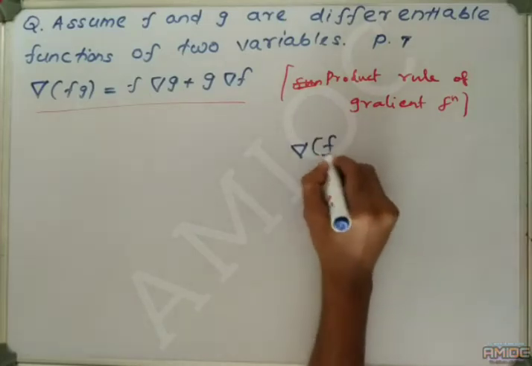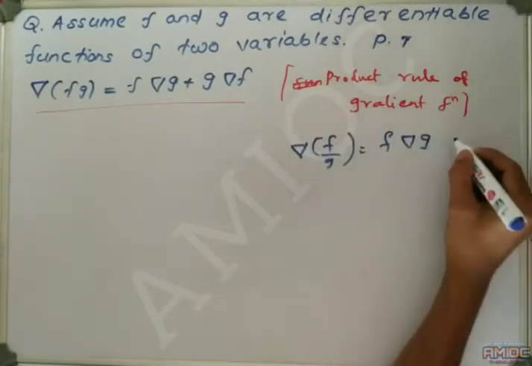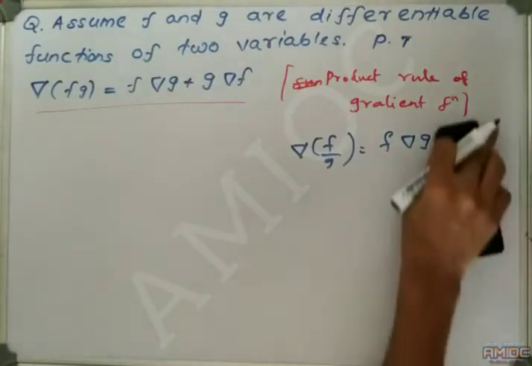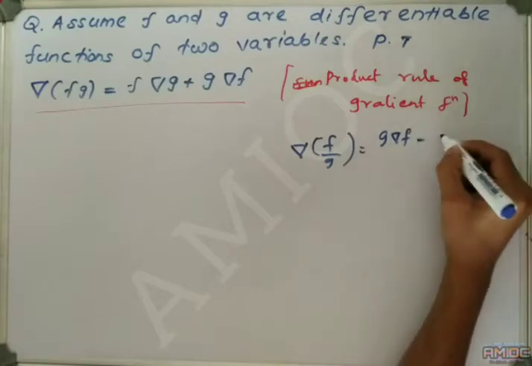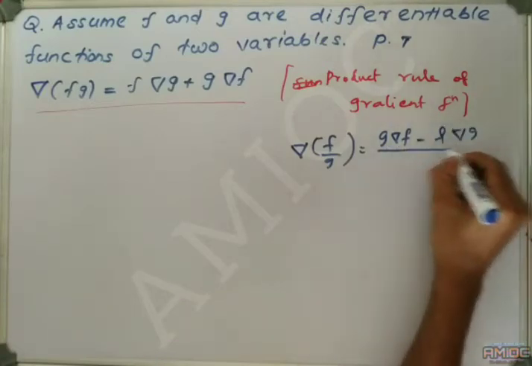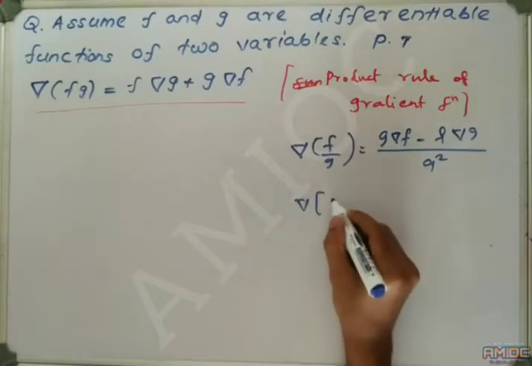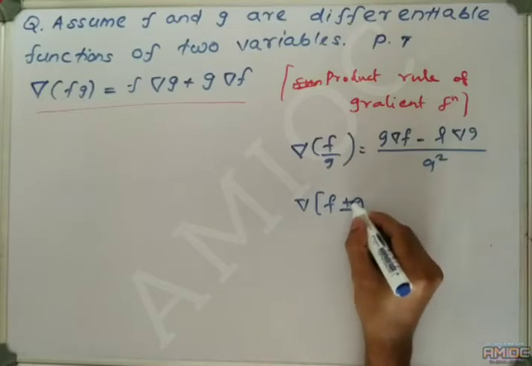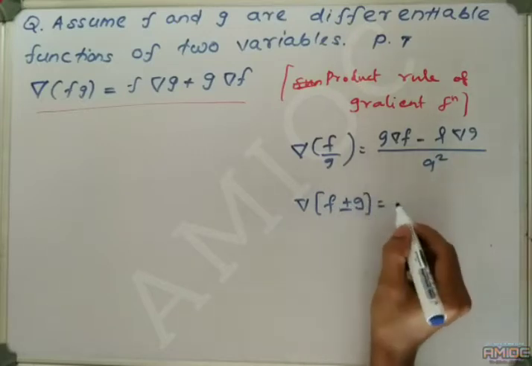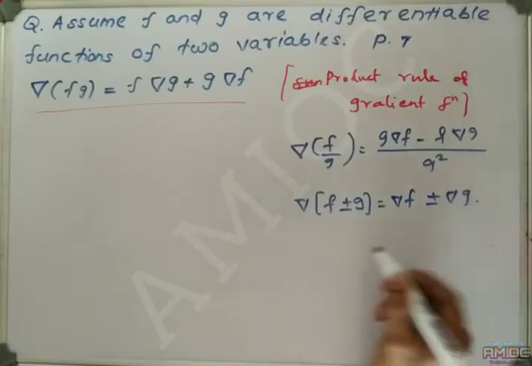Del of f by g is equal to (g del f minus f del g) whole divided by g square. The sum rule and difference rule are given by: gradient of f plus or minus g is given by gradient of f plus or minus gradient of g.